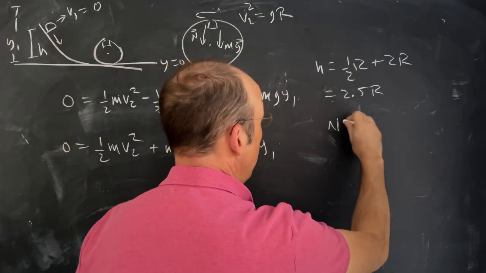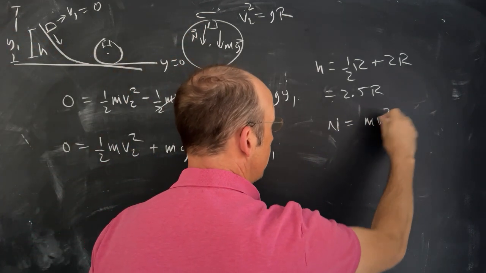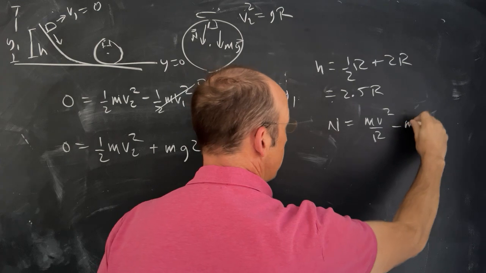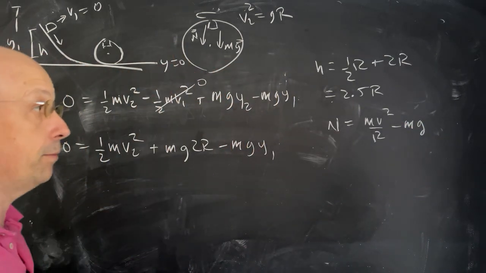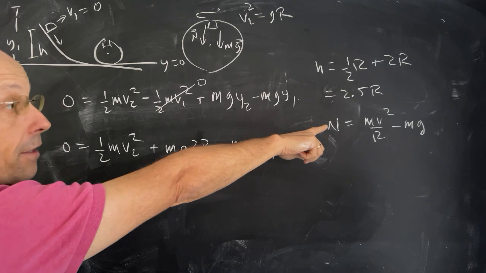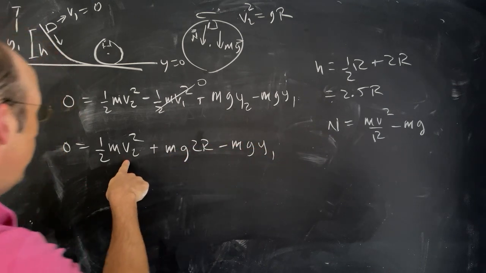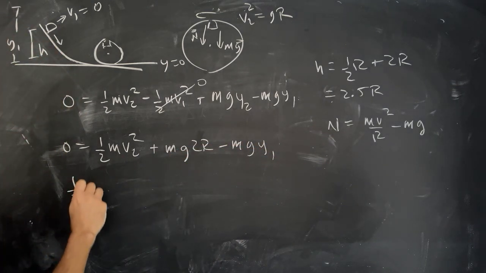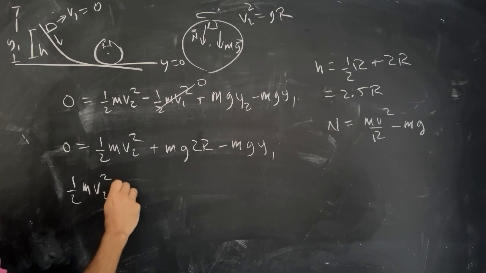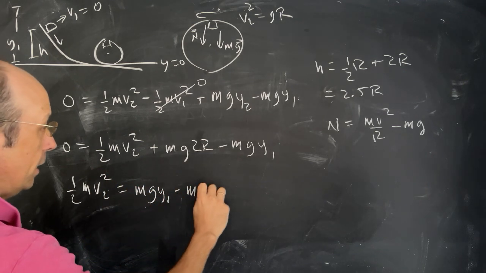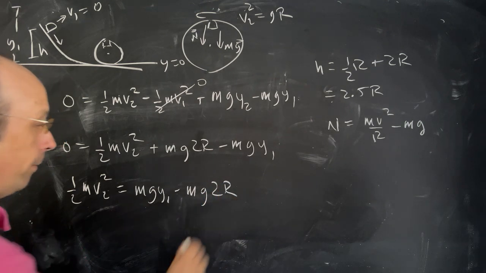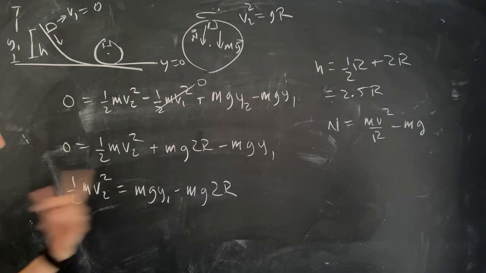Now what I want to find, the normal force, if I go back over here, remember I had N equals mv squared over r minus mg. That's what we got from before from looking at the forces on that object. So I need v squared at the top. So let's just solve this for v2 squared. So I have 1/2 m v2 squared is going to be equal to mgy1 minus mg2r. And now you could combine those two together.